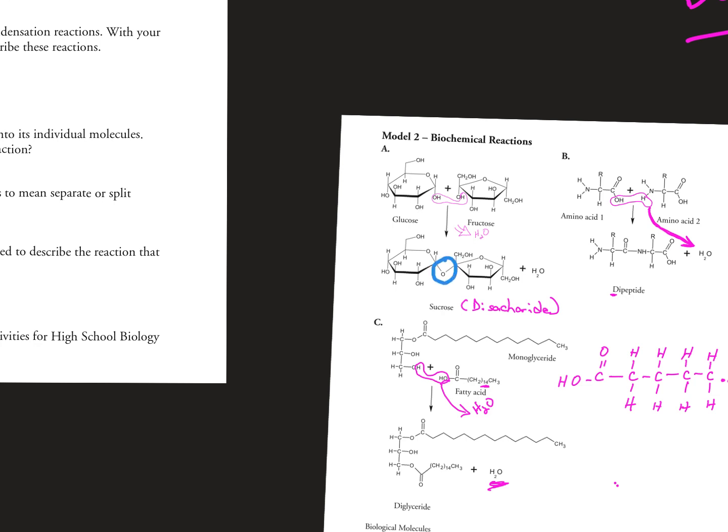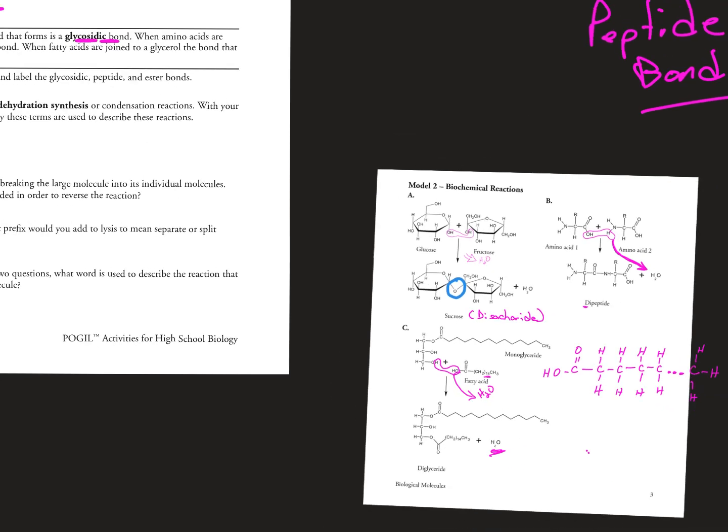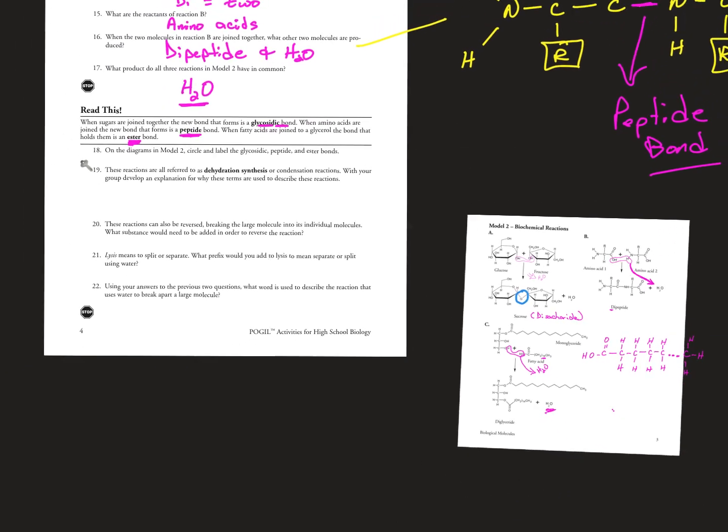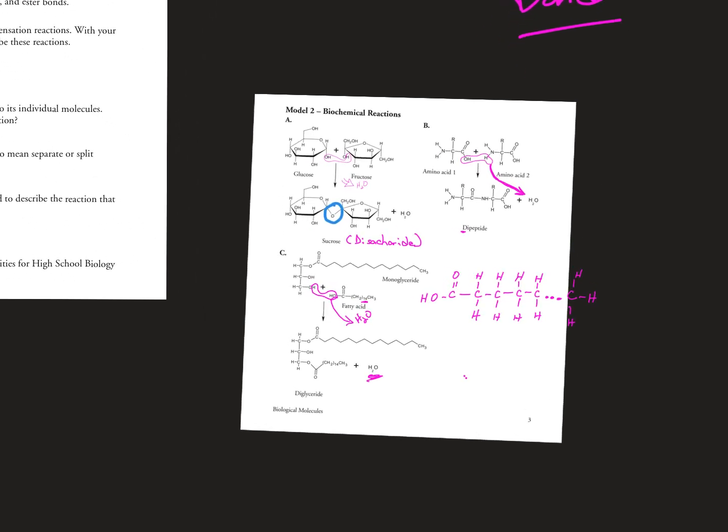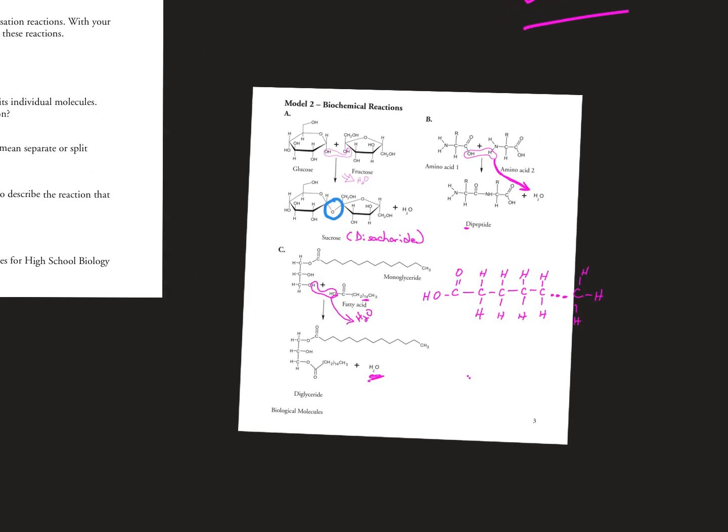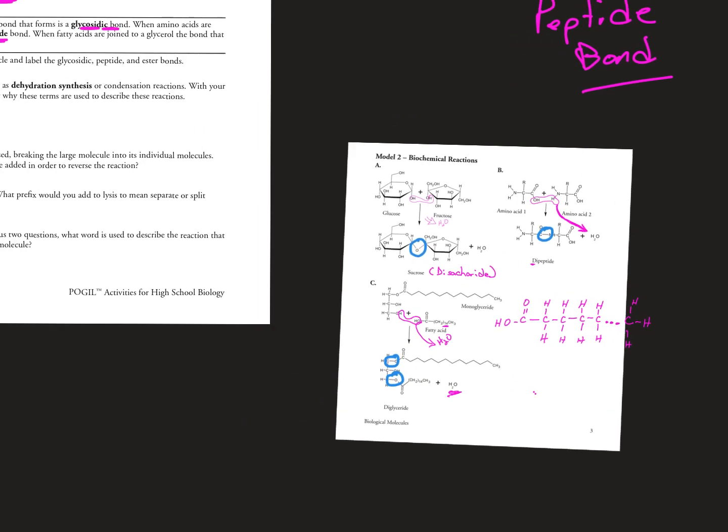This is the glycosidic bond because it's between two sugars. The peptide bond is between the two amino acids. I already did it up in the drawing previously, but I'll go ahead and circle it here. And then the ester bond is going to be here between the fatty acid and the glycerol molecule. Those are the ester bonds.